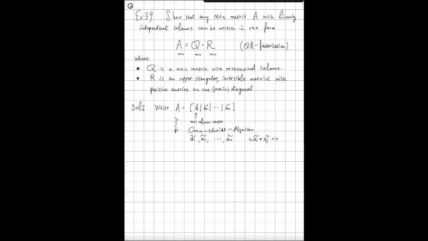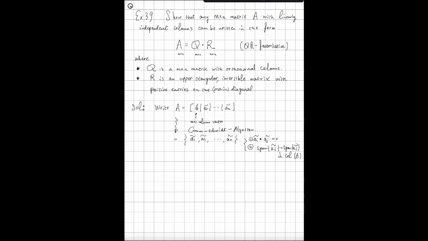That's what we got by Gram-Schmidt procedure, which means both equal the column space of A.